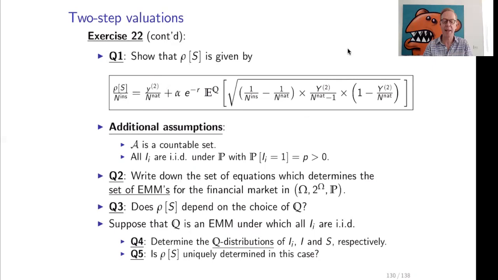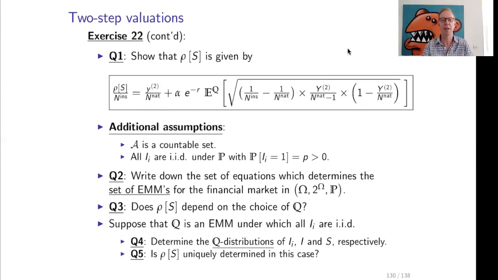But we see in any case, if the number of insureds increases, this additional term decreases, and in the theoretical case that the number of insureds is equal to the number of the national population, so that means everybody in the national population is insured, then this second term just disappears.